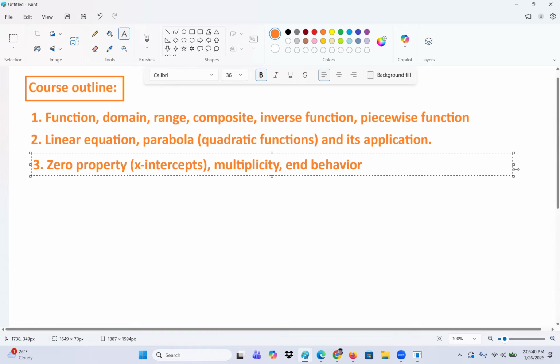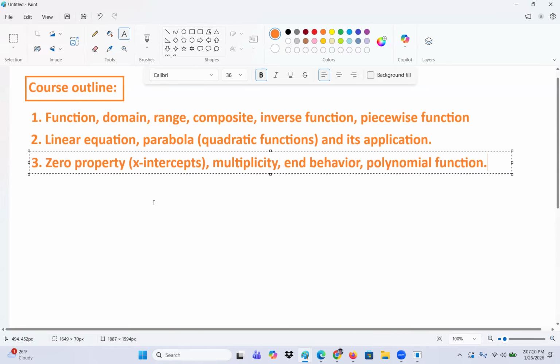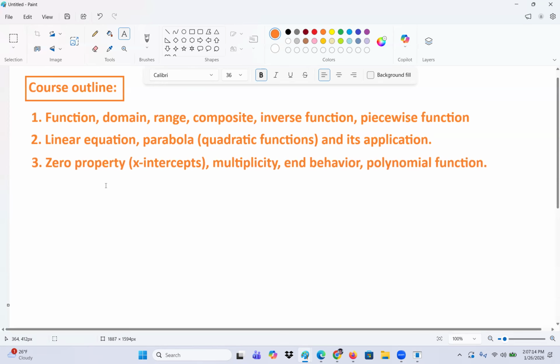So by completing pre-calculus, you should know every single movement of the curve based on its function. And so generally this one is for the polynomial function. How can we write the function given its intercepts, multiplicity, and behavior, and all of this, okay? And also the asymptotes of the rational function.